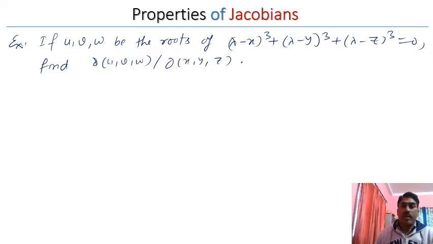So before applying the formula for the Jacobian, we have to work out a relationship between u, v, w and x, y, z. To do so, open the given equation and simplify it.